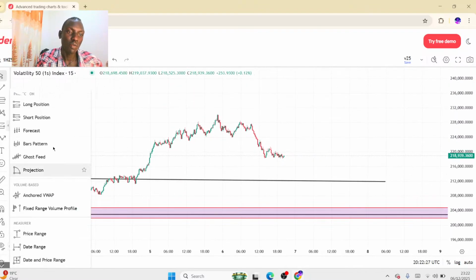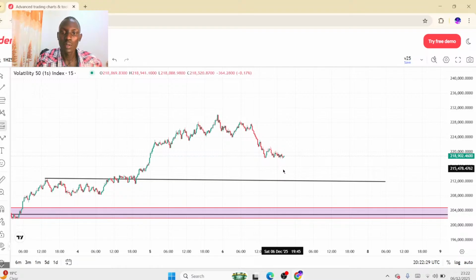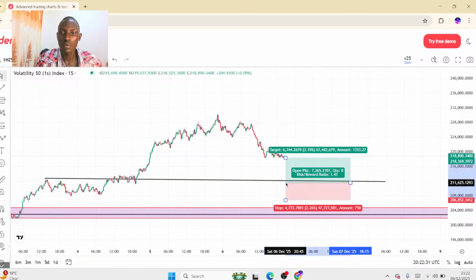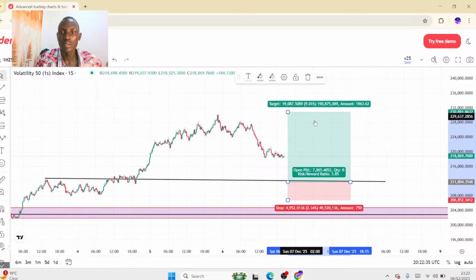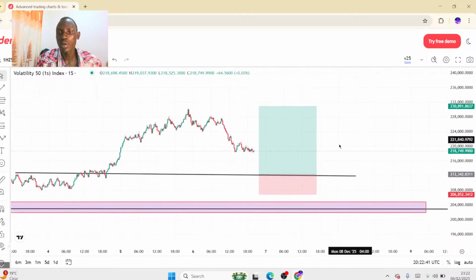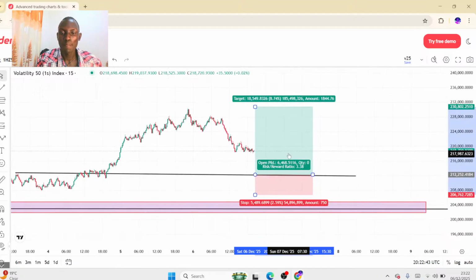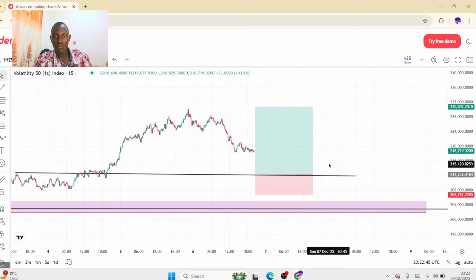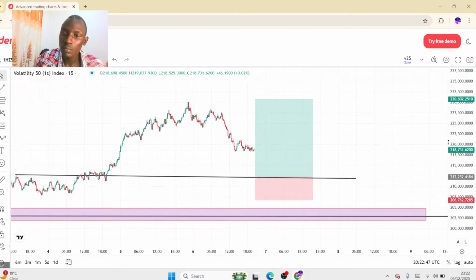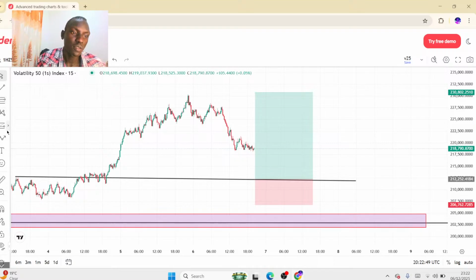So we shall long buy here. This is what we are going to wait for. Target this. 19 pips is not bad. So let's wait for that to happen and then we can be able to buy. That is what we are waiting for.